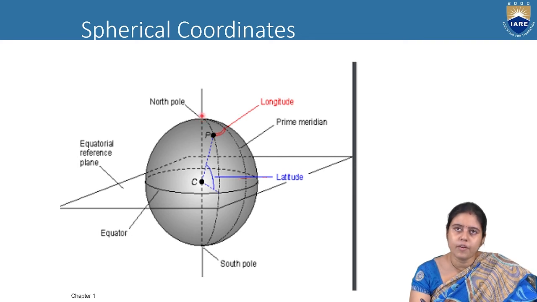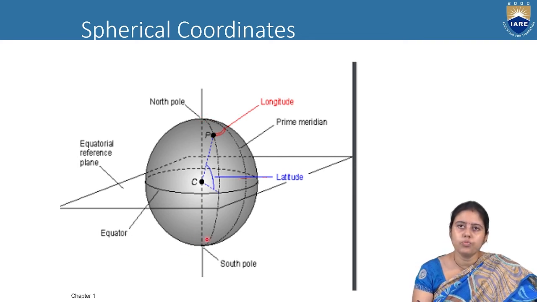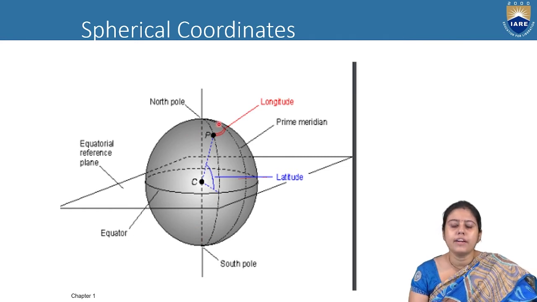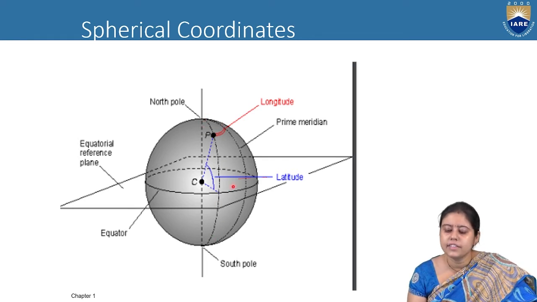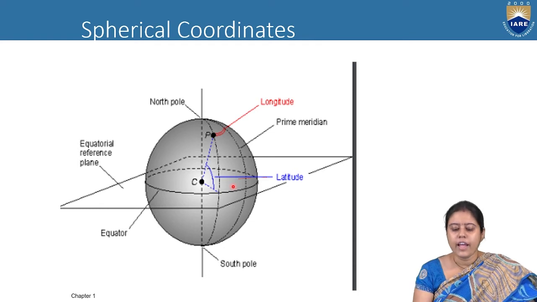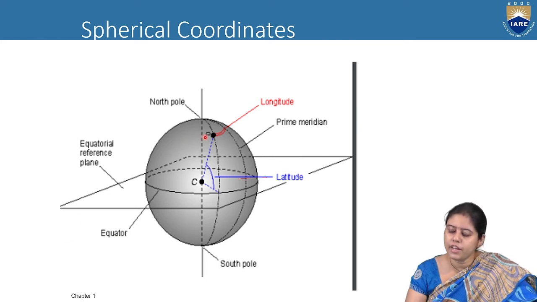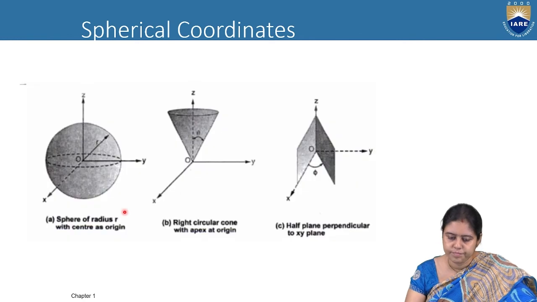Connecting from North Pole to South Pole, this is the longitude, and the longitude is nothing but the height that is written by the theta angle. And this plane is known as the equatorial plane.